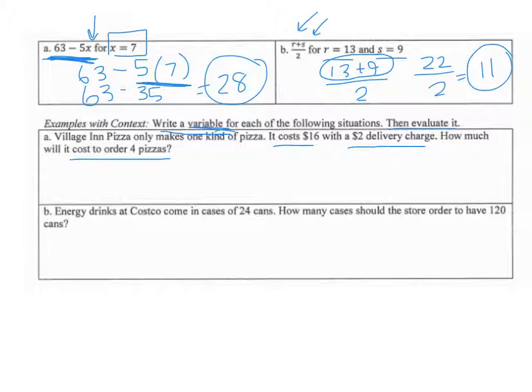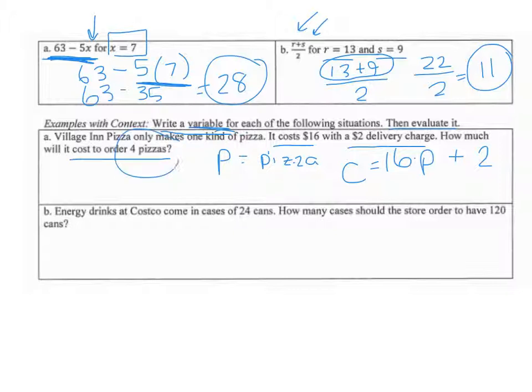So let's let P equal the number of pizzas. The cost, C, is going to be $16 per pizza, plus, no matter what, you have to pay $2. You don't pay $2 per pizza, you pay $2 total no matter what for the delivery.